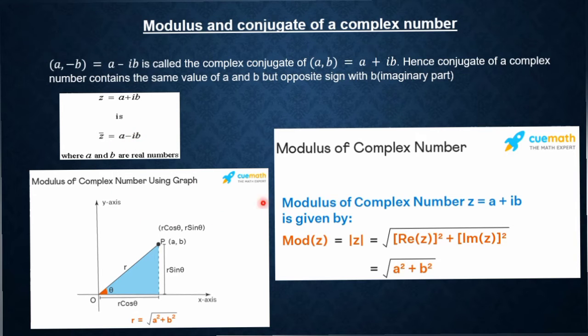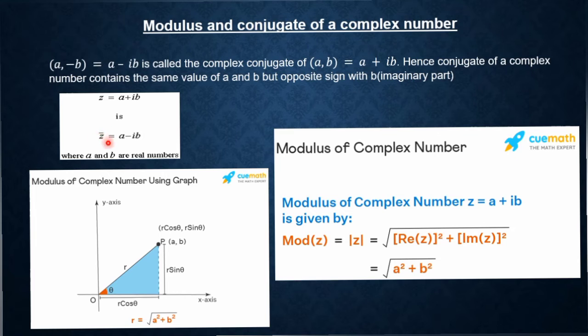And the modulus of a complex number is simply this. Modulus is basically the distance from 0 to that point, and it is denoted by r or mod z. If z is a complex number, it is denoted by mod z, and its conjugate is denoted by a bar on z.